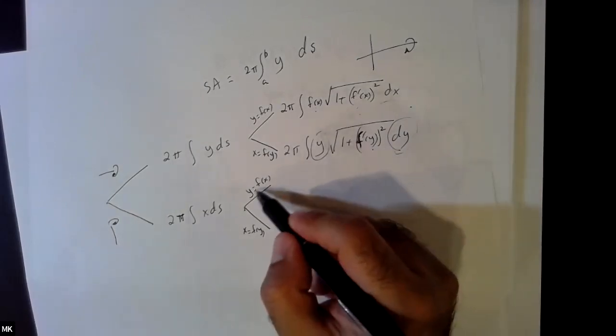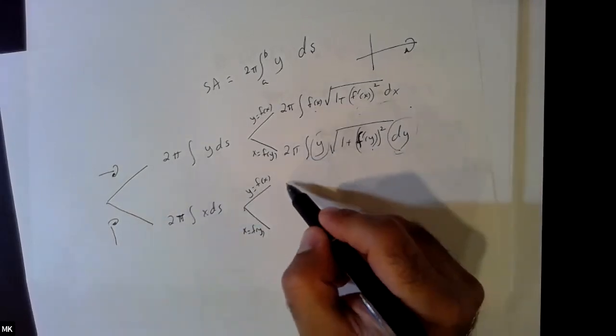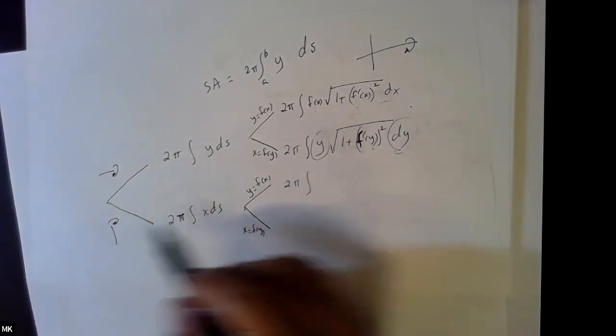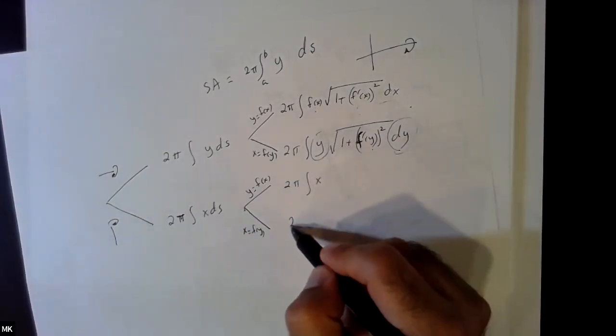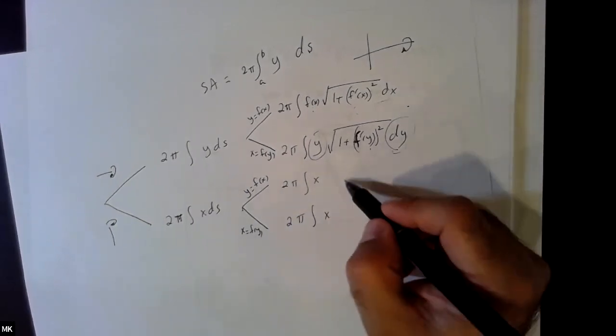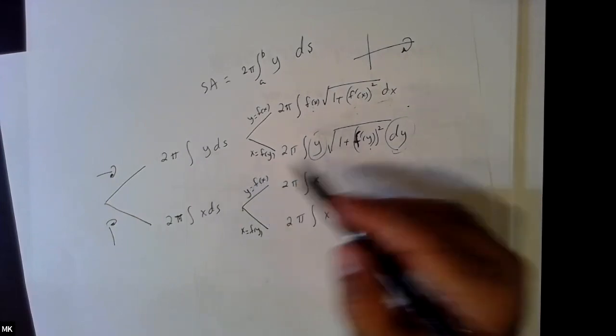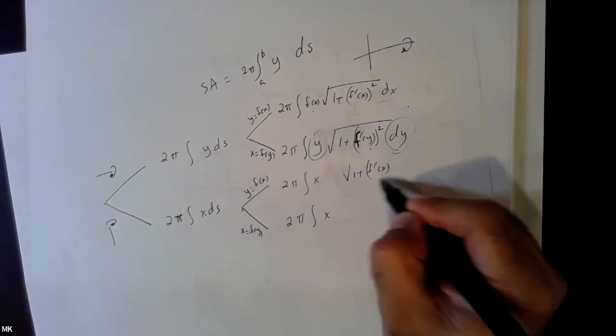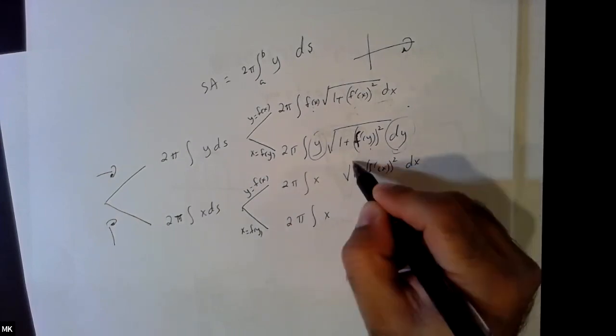Same thing here. If you're rotating about the y-axis now, the radius would be x. And then the ds part, if y is a function of x, would be square root of 1 plus f prime of x squared dx.